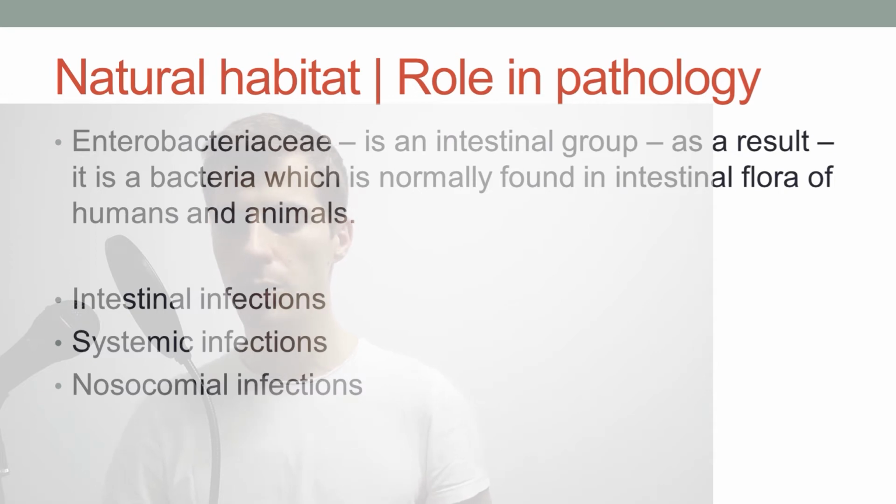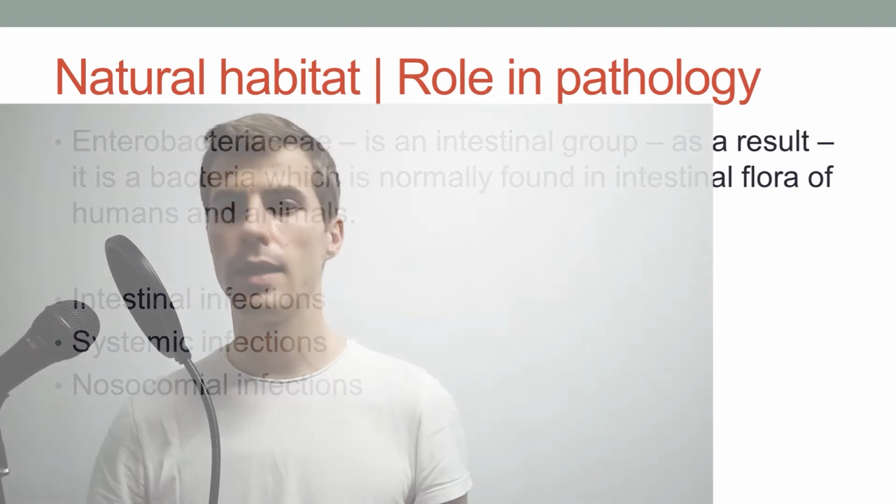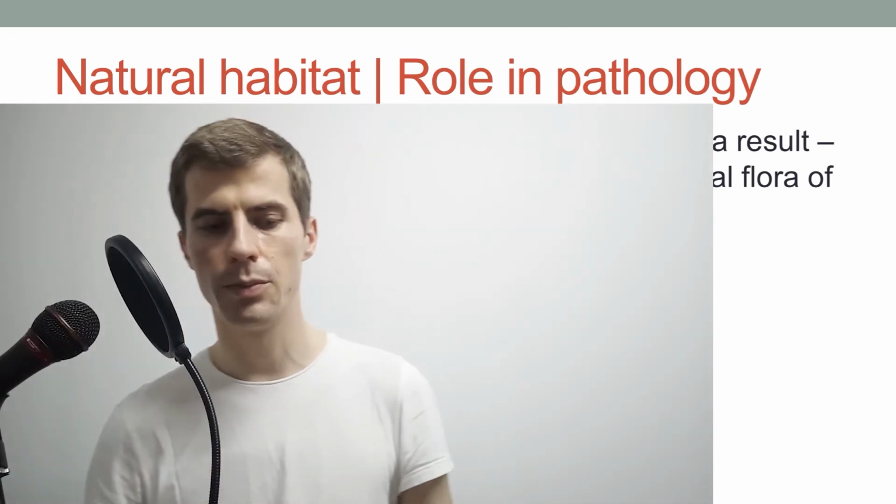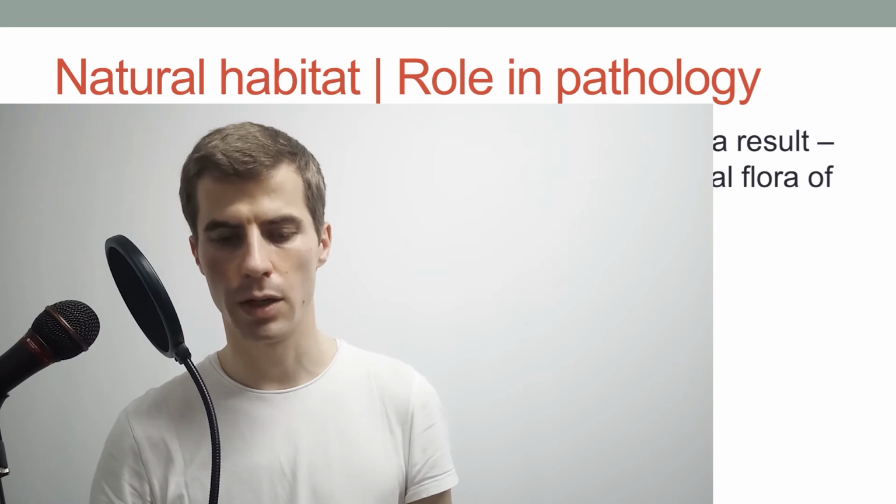Talking about the habitat of Enterobacteriaceae, you can easily deduce that Enterobacteriaceae normally are found in the intestine, both of humans and animals. And it depends on which species we are talking about.